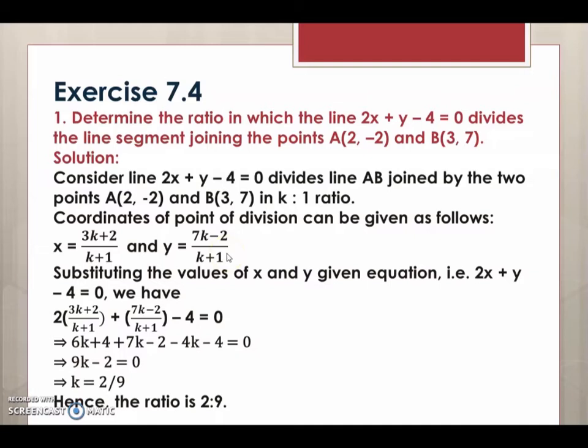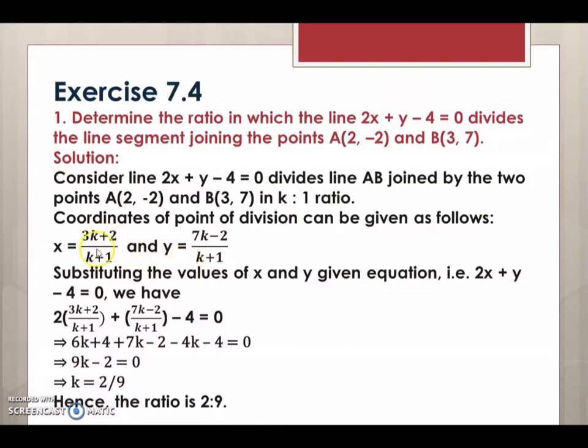Now these are the coordinates of the point which is on this particular line, which means this point satisfies the equation of the line. This is something which you have done in linear equations: if the equation of a line is given and a certain point is lying on that line, then the coordinates of that point should satisfy the equation.